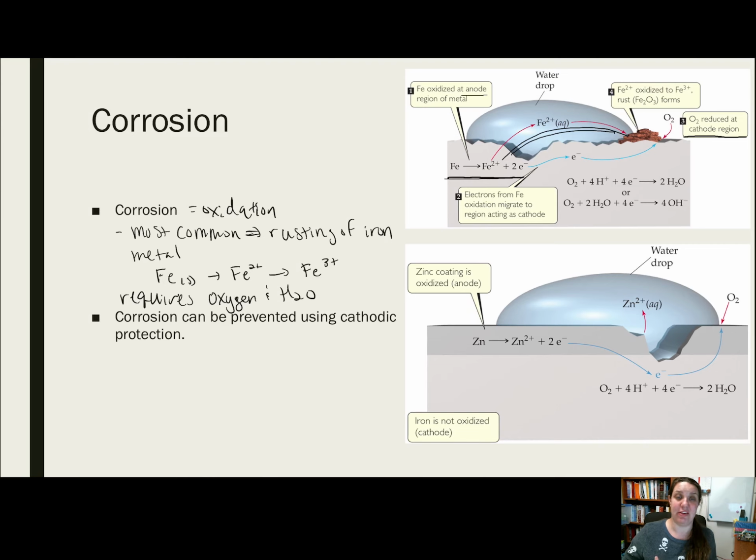If there's a species that can be added to protect it, then we can cause that corrosion not to occur, and we call this process cathodic protection. We make the metal that we're trying to protect the cathode instead of the anode.